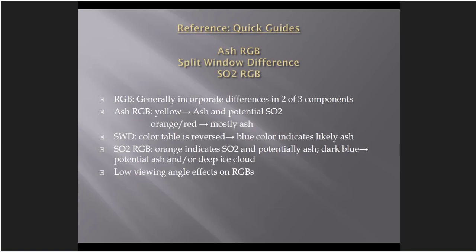So I want to reference some compute from the Commerce Learning Center website. There are quick guides on the ASH RGB, the split window difference channel, which I showed you, and the SO2 RGB. The RGBs incorporate differences in 2 of 3 components.